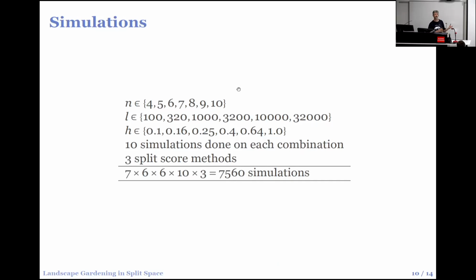Height is from 0.1 up to 1, just to give a range of potential branch lengths. 10 simulations were done on each of those combinations, and then I applied each of the 3 different split scores, so about 7,500 simulations. I'm not going to show you them all.